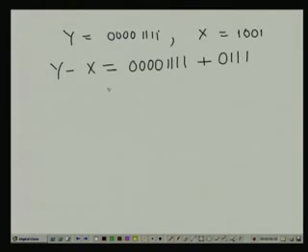Now, if we add, it will be 0 1 1, 1 1 0, 1 and 0 0.